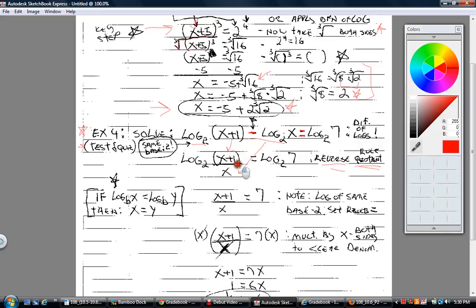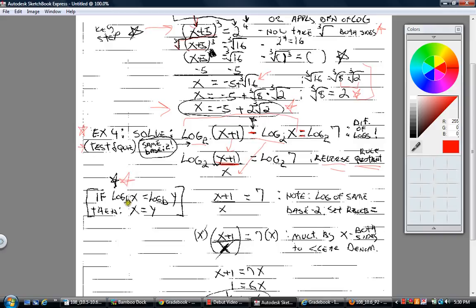Now you can rewrite this expression as the log base 2 with the result of x plus 1 divided by x, and then you've got log base 2 of 7, result 7. The next key step uses the log rules we've been working on.